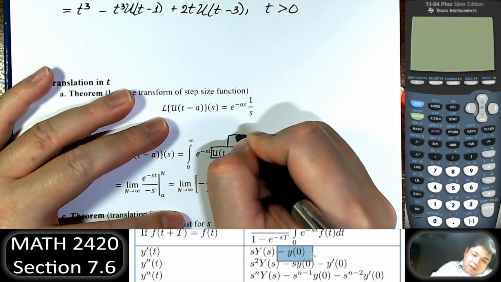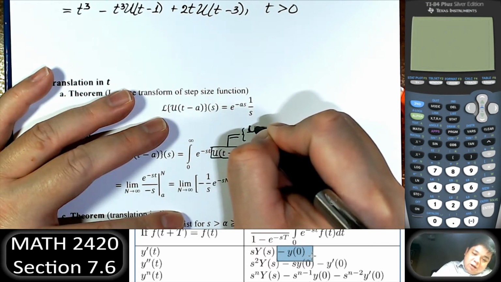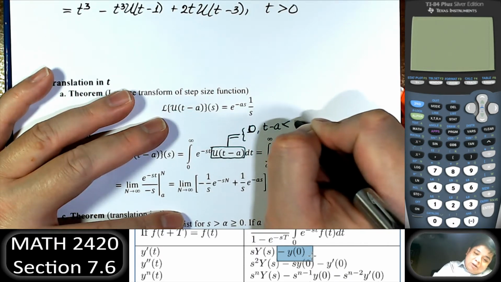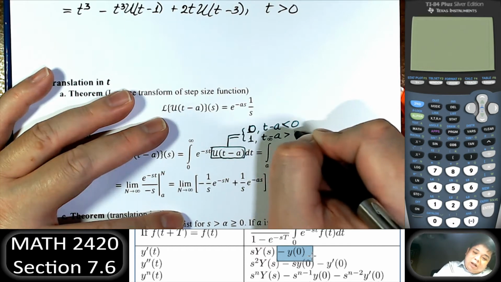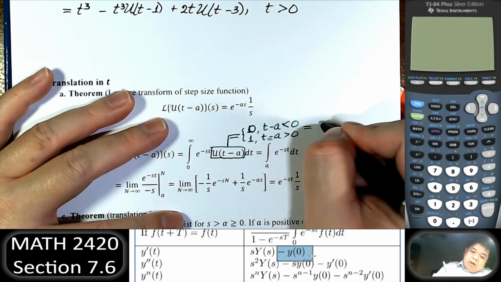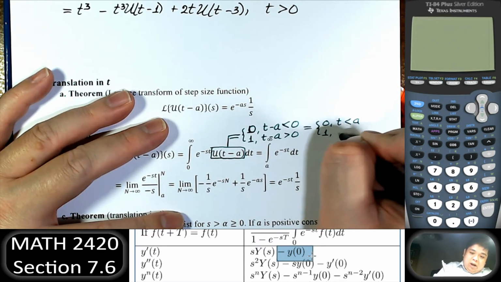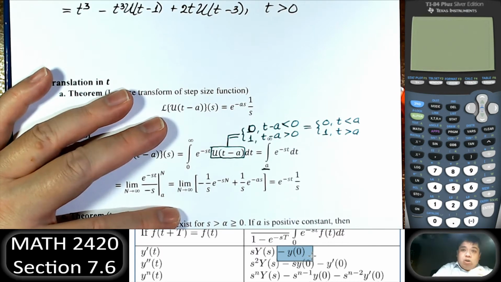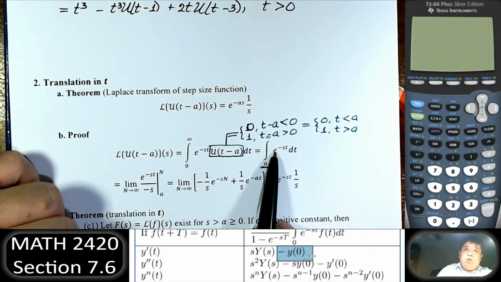This function is equal to 0 if t minus a is less than 0, and equal to 1 if t minus a is greater than 0, which is equivalent to 0 if t is less than a and 1 if t is greater than a. That's why we have a here as the limit, because when t is greater than a the function is equal to 1, and when t is less than a it is equal to 0. The integral therefore equals 0 there.